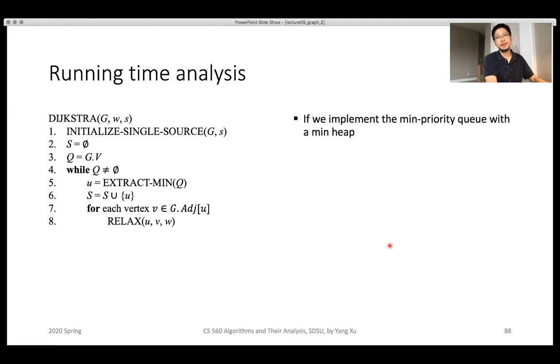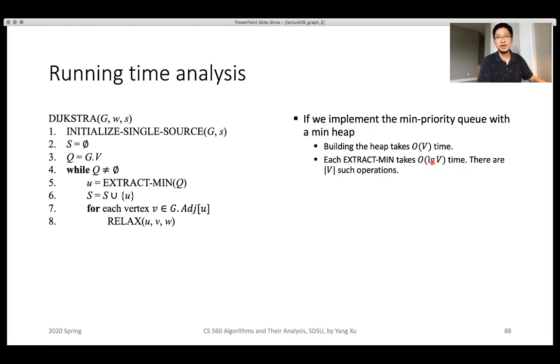If we implement the minimal priority queue with a min heap, then most of the operations in the heap run in logarithm of V time, where V is the size of the heap. Okay, so building the heap takes linear time, and the extract min takes log V time, right? And there are V such operations, and the decrease key at line 8 will take big O of log V as well, and there are E such operations because the for loop runs E total times.